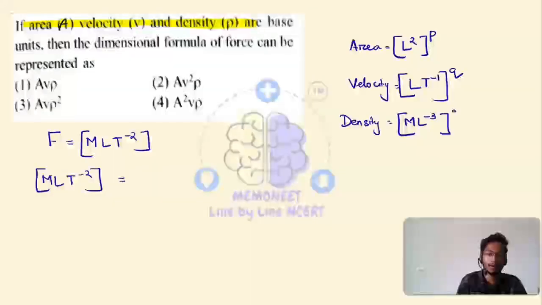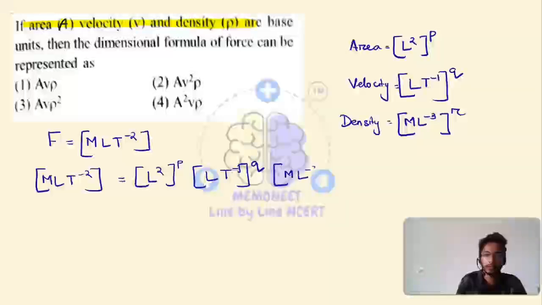The power here, let's say, is R. So we have for the area L square to the power P, then L T to the power minus 1 to the power Q, and then M L to the power minus 3 to the power R. Now compare the powers here.